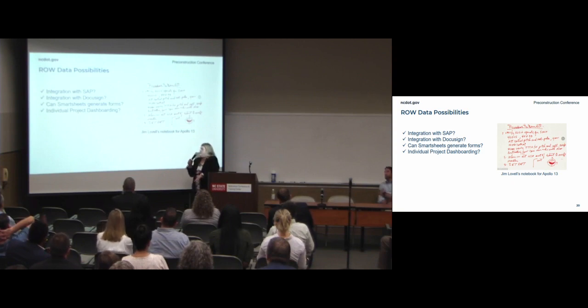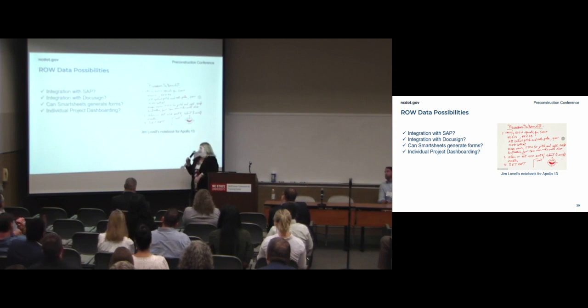And so there's a ton of paperwork. You can't automate that. You can try, but when you're in the legal world, you've got to have that paper. So getting Smartsheets to generate those forms for us would be great. It would save us a lot of time. It would help us not have to spend so much time on that and be able to spend time on other aspects that we need to. So maybe it could improve a little bit of project delivery.